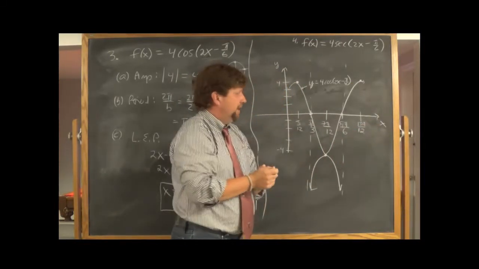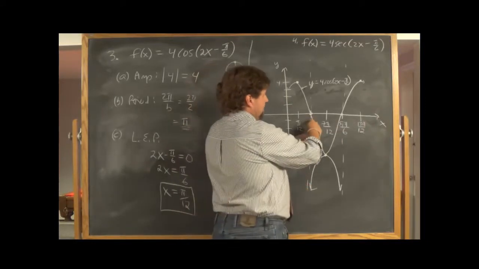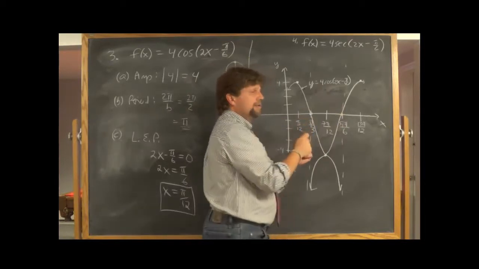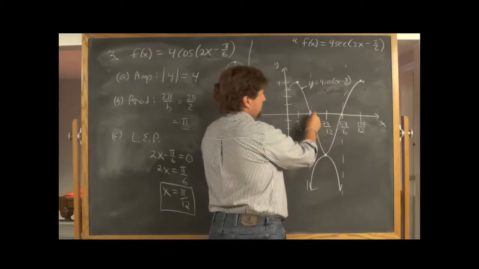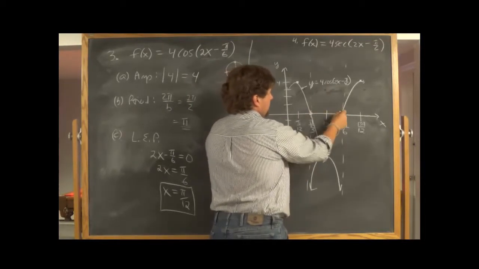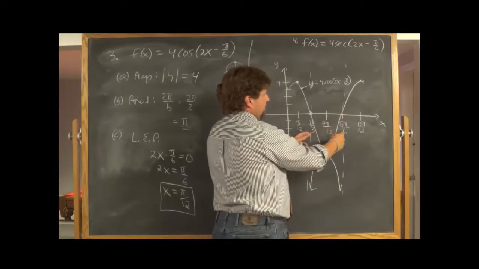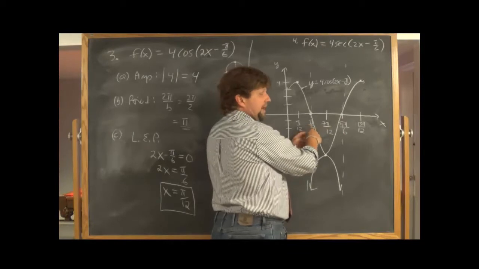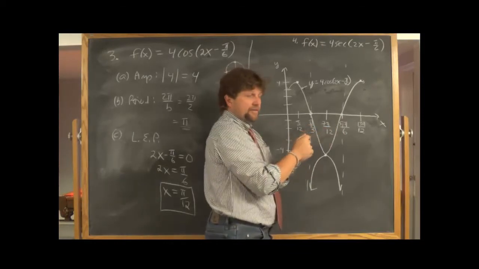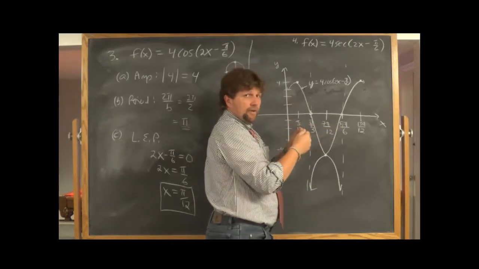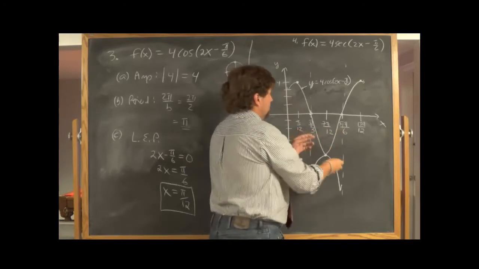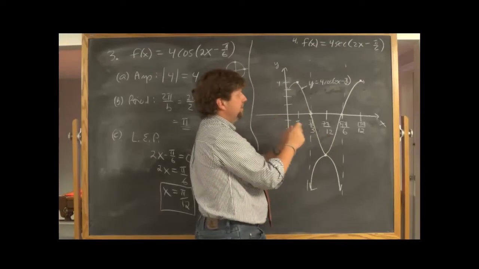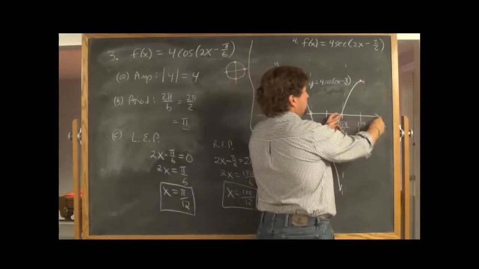One thing I would note is that the distance between the x-intercepts on the graph of 4 cosine 2x minus pi over 6, well, it's the distance from pi over 3 to 5 pi over 6. It's the distance from 2 pi over 6 to 5 pi over 6. That distance is 3 pi over 6. So you either come 3 pi over 6 units this way to find the x-intercept, or you go 3 pi over 6 units that way.